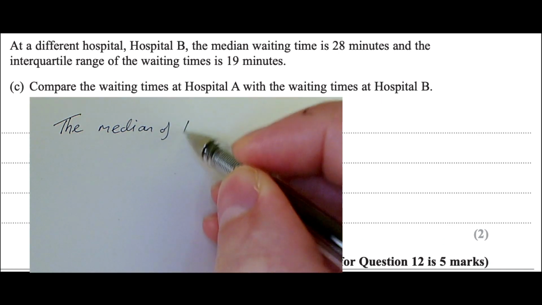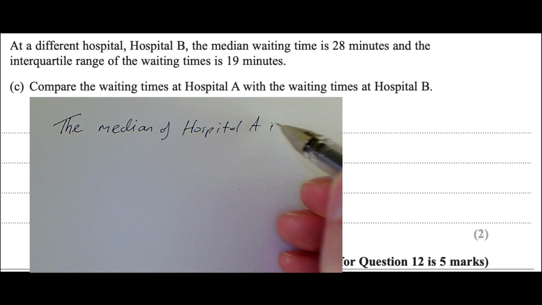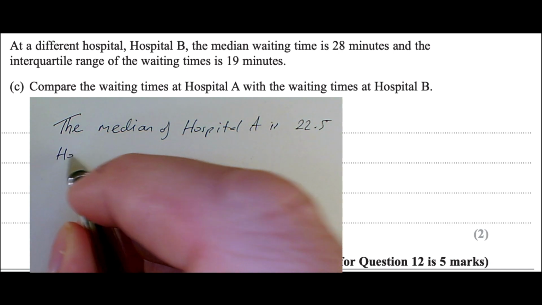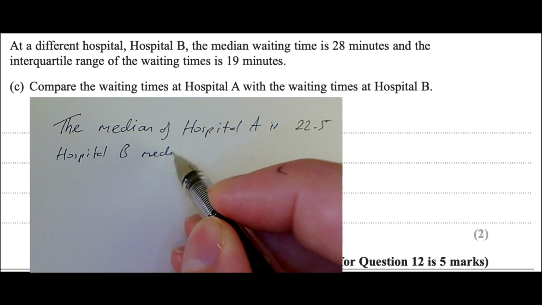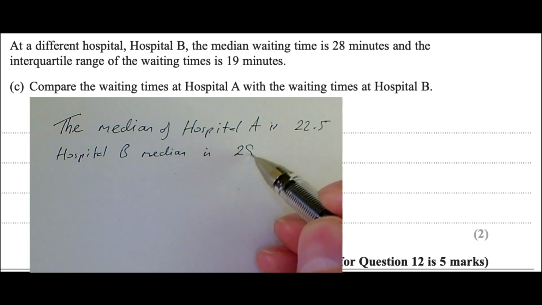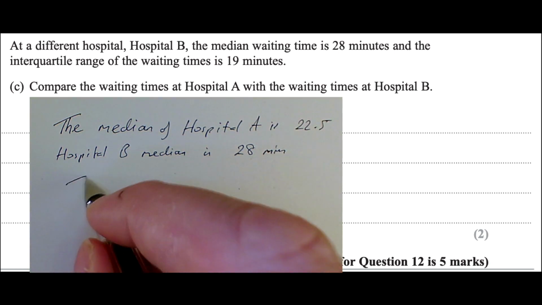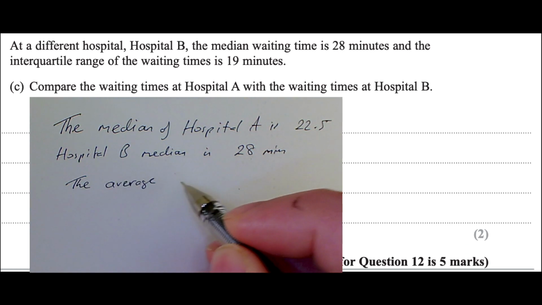Then after I've finished that sentence, I'm going to write a second sentence comparing the interquartile range of Hospital A and B and saying which one is longer, which one is shorter. That's to guarantee you're going to get your 2 marks. And remember, the median is an average, so I'm allowed to use the word average.